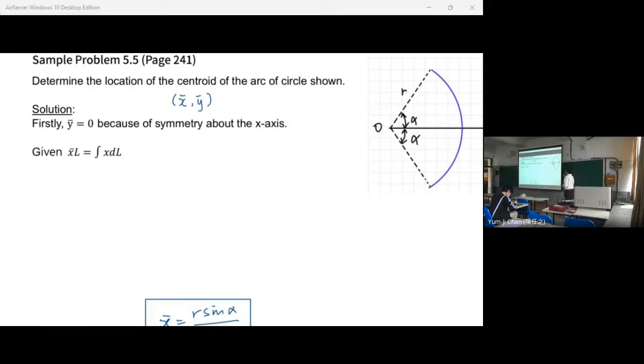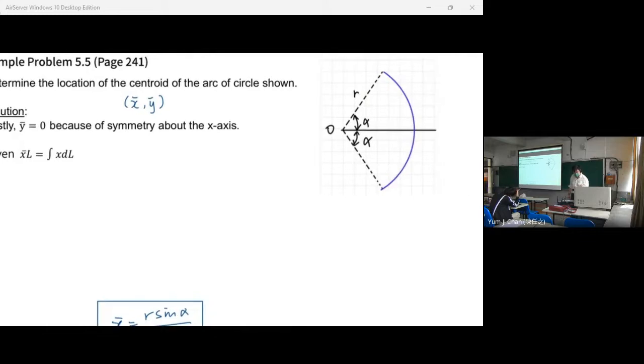This x bar, y bar is the location of the centroid. But firstly, y bar equals 0 because of symmetry about the x-axis. Because this arc is, if we say this is the x-axis and this is the y-axis.